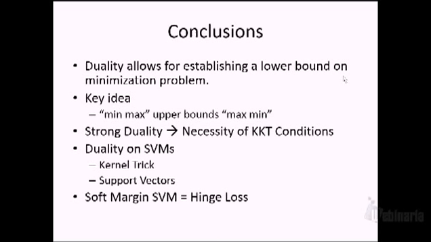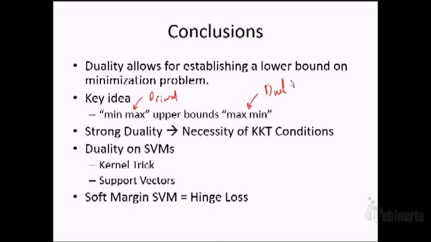So, to conclude this session, we have seen that duality allows for establishing a lower bound on a minimization problem. The key idea is that min-max upper bounds max-min. So min-max of the Lagrangian is the primal, max-min is the dual. And we have seen that strong duality implies the necessity of KKT conditions, and KKT conditions are always sufficient for optimality.